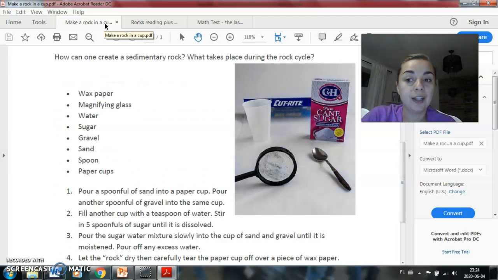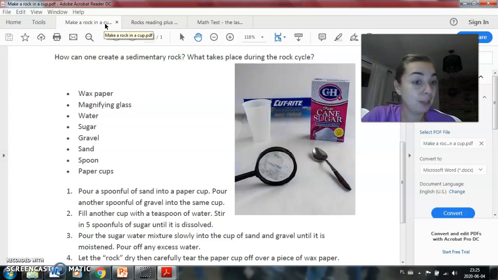So you can create a sedimentary rock by using water, sugar, gravel, sand, and you will also need a paper or plastic cup, wax paper, and spoon.